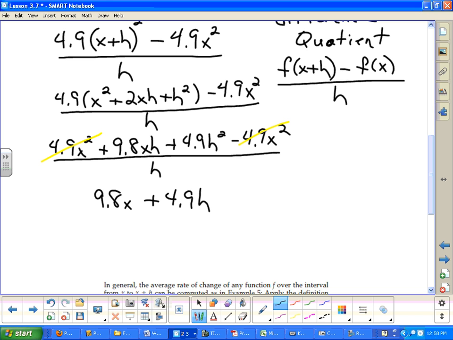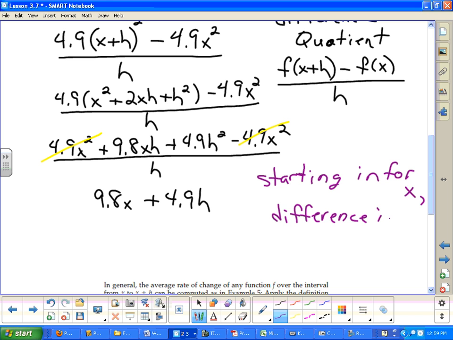So here's what we do then. We're going to put the starting number in for x and the difference in for h.